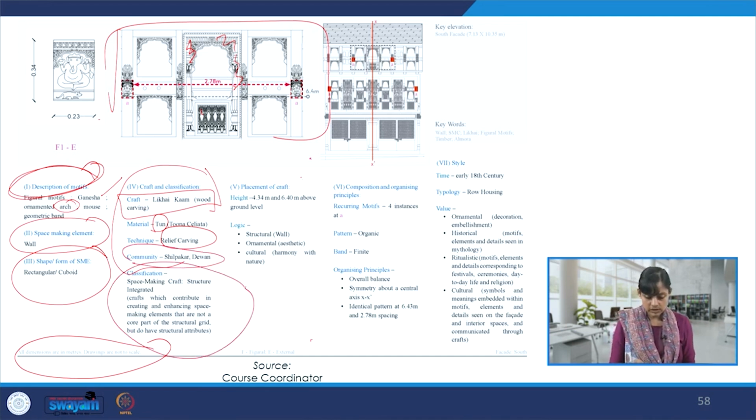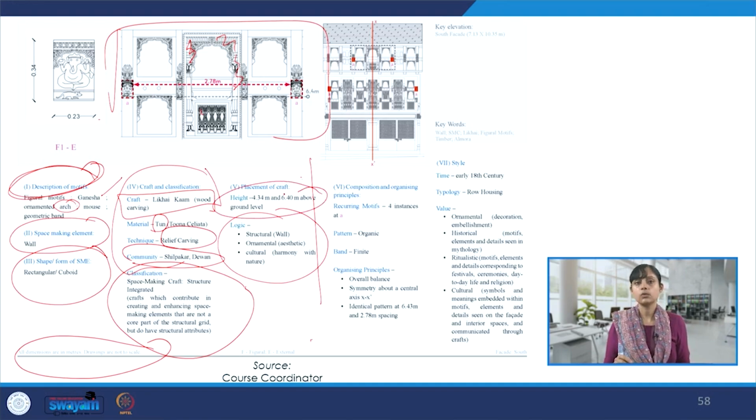So all of those details: what is the logic of it structurally, ornamentally, culturally, what are the dimensions, what is the placement of craft in terms of eye level. So all of that, composition and organizing principles. So there is a recurrence of motifs at certain instances which are marked here at A, and so on.